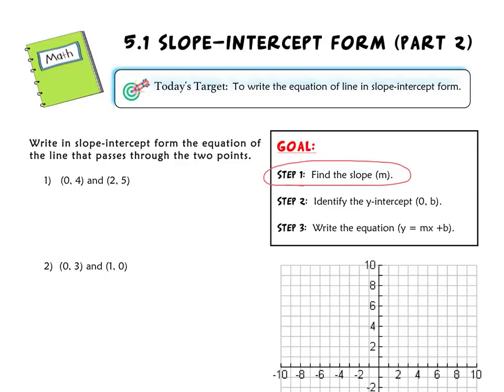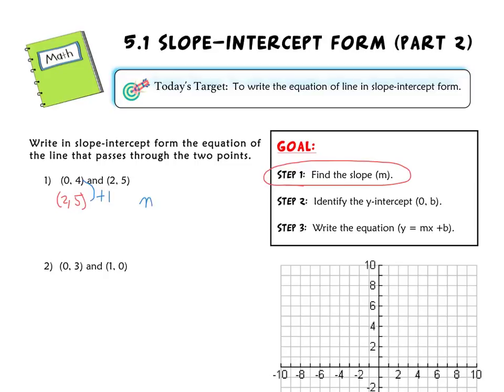So as a reminder, the idea was to take our second point and write it underneath the first point, so 2 comma 5. All right, and then what we can do is we can talk about how, from 4 to 5 it went up by 1.